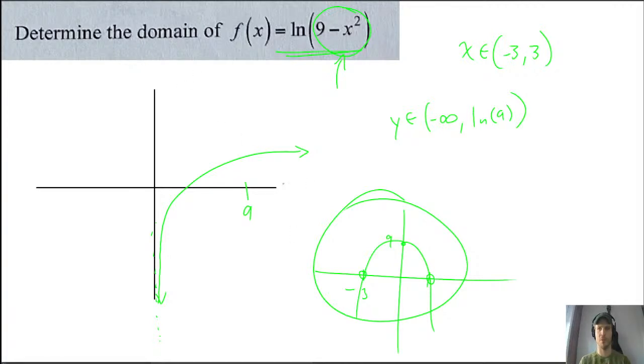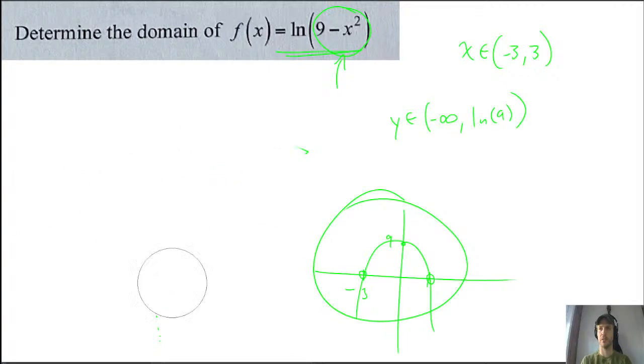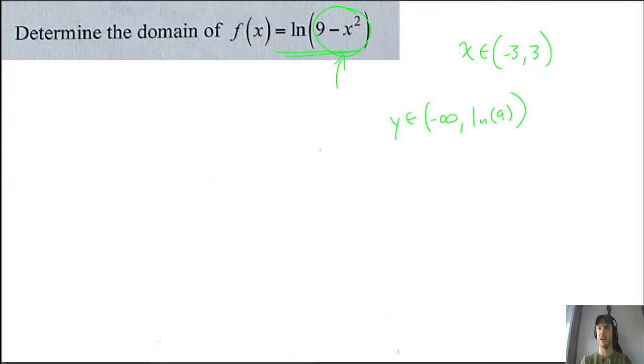So let me try to give a synopsis of what I just did. I see that I have as my function f here the natural log of 9 minus x squared. I understand that whatever is inside here is going to be the first restrictions on my domain. This doesn't give me any restrictions on my domain for 9 minus x squared.